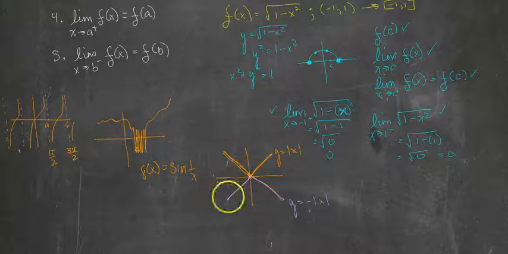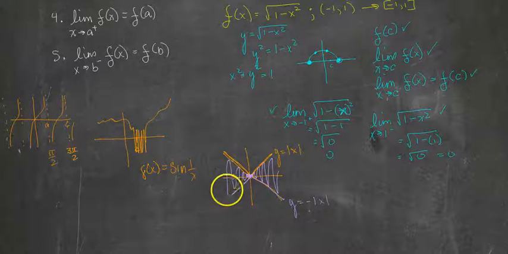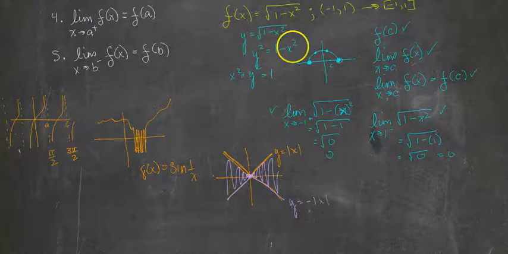And if I had something that came along inside of here, even though it bounces back and forth and seems to oscillate, by the squeezing theorem we know that this function is defined and continuous everywhere, because we can see it on the outer edges, and on the inner edges we're bounded by the absolute value. And so you would be able to actually determine all 5 cases to show that this is in fact a continuous function.